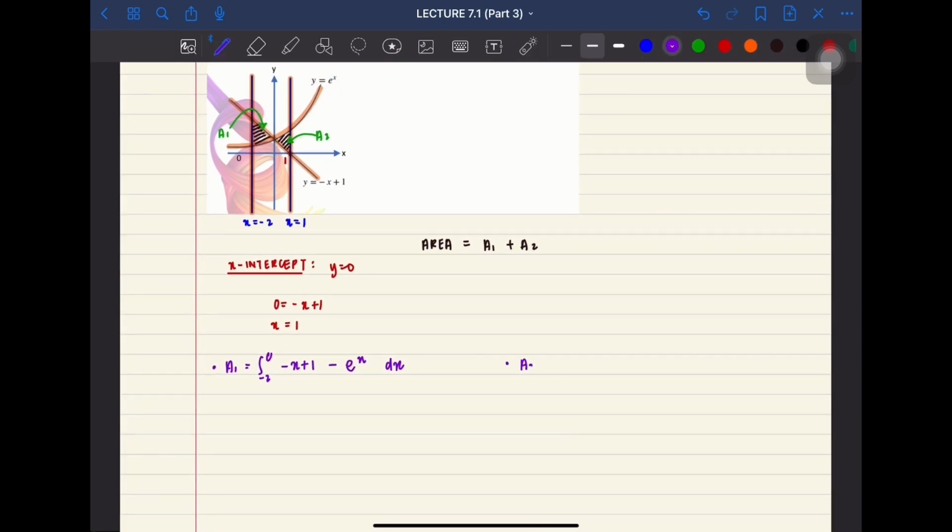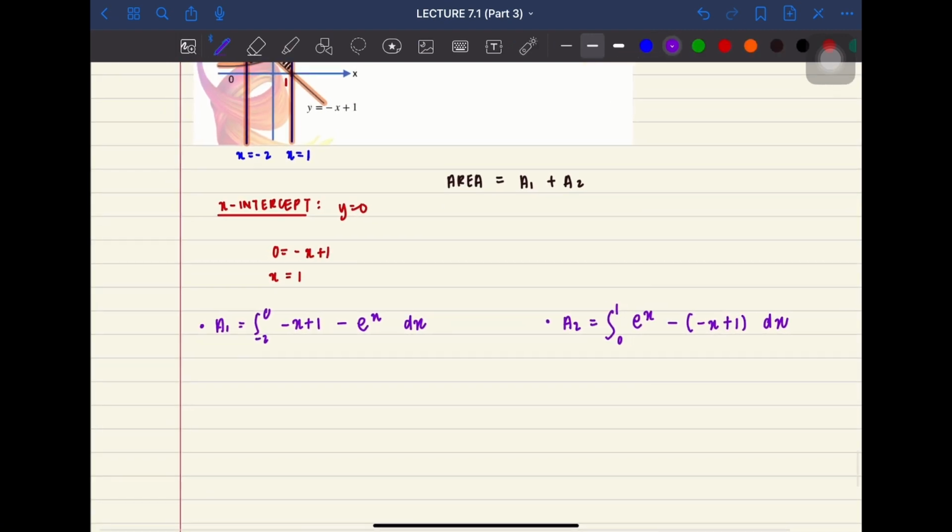And then untuk A2 pula, so kawasan A2 adalah dari 0 until 1. 0 until 1. So function atas adalah dx dulu. Kita jumpa. Tolak function bawah adalah negatif x tambah 1. And ada negatif, so kena letak bracket guys. Jangan lupa bracket. Sebab kita kena darab masuk dan negatif later.